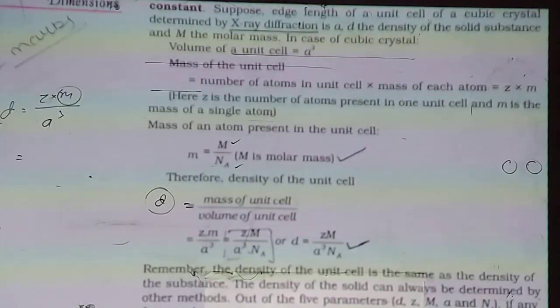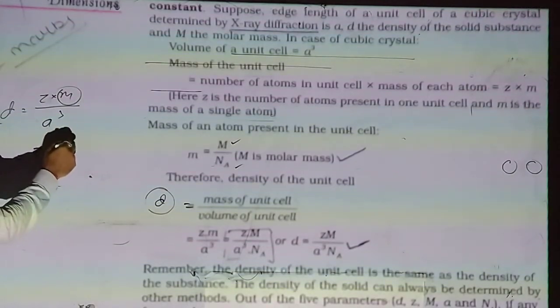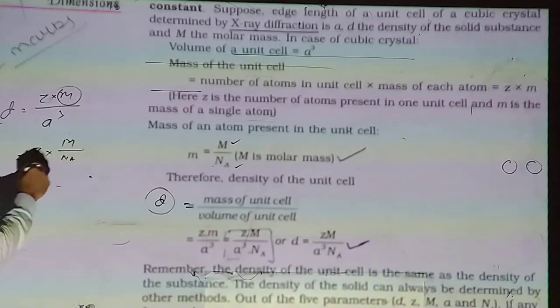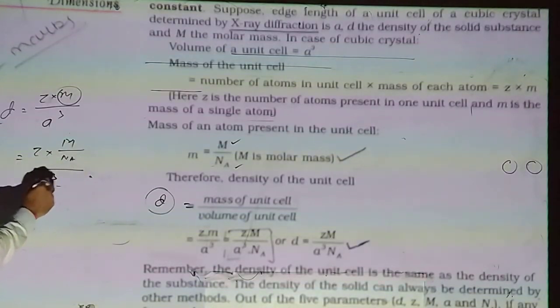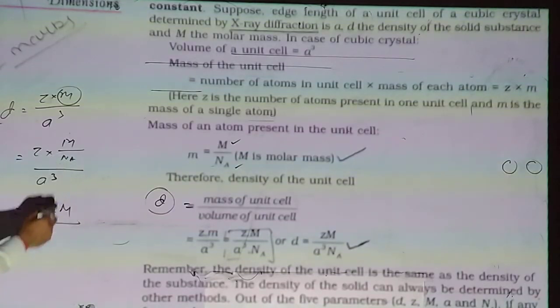M means mass of one atom. So mass of one atom means molar mass upon Avogadro number. We are simplifying. So Z into M upon Na into a cube. This gives the density of our cube.